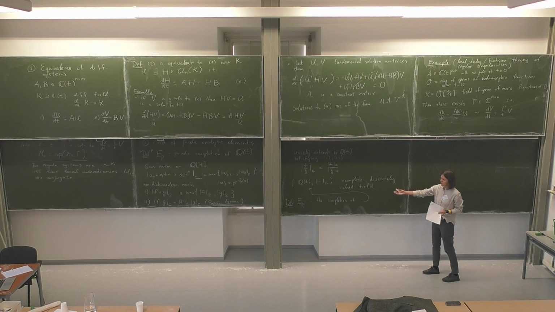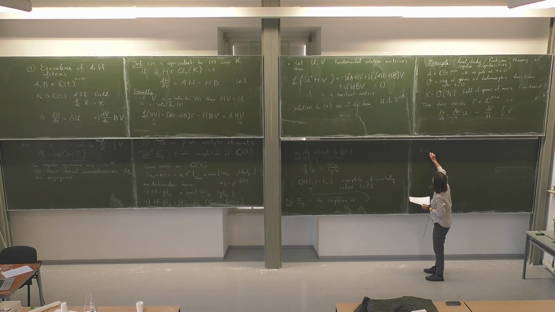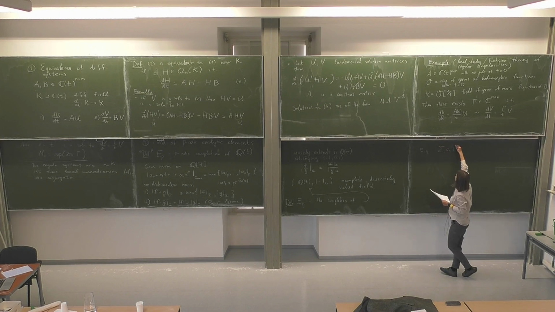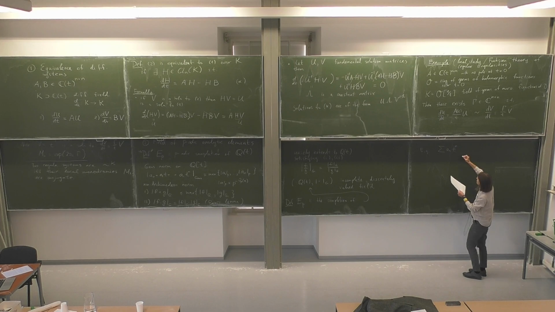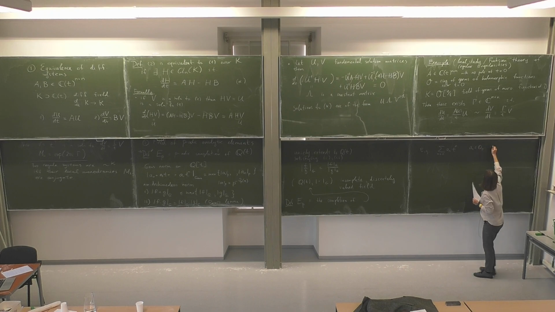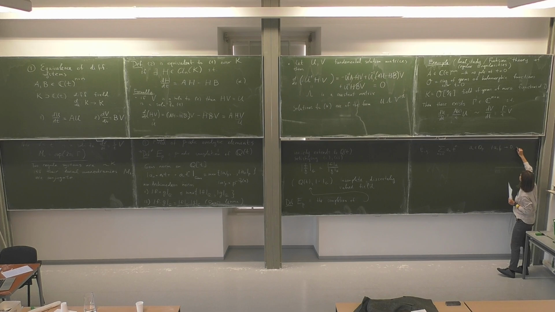Let's give an example of an element of EP. Take an infinite power series with an in Qp and the norm of an tends to 0 as n goes to infinity.